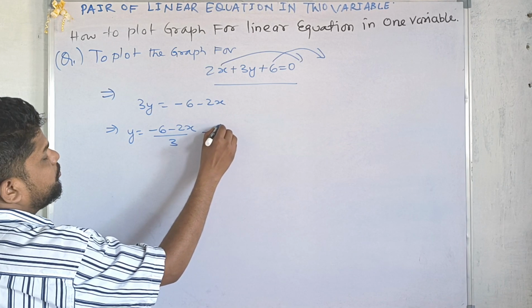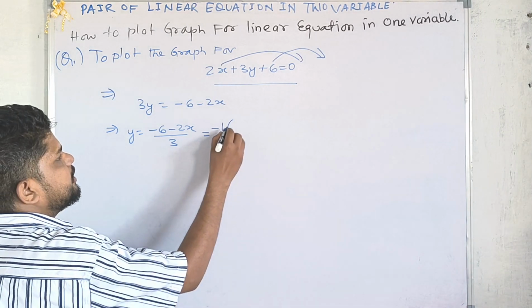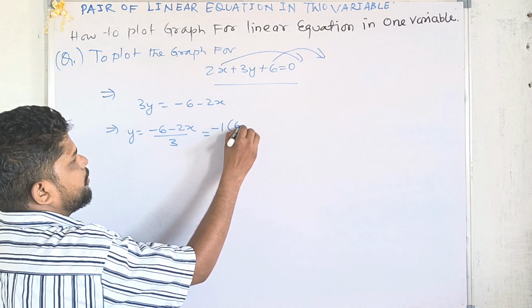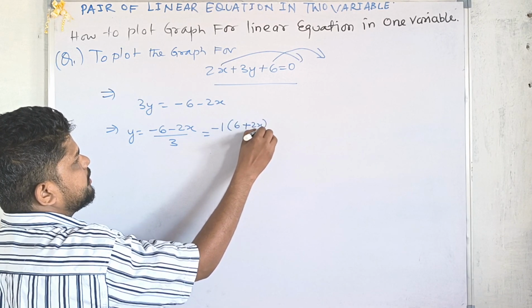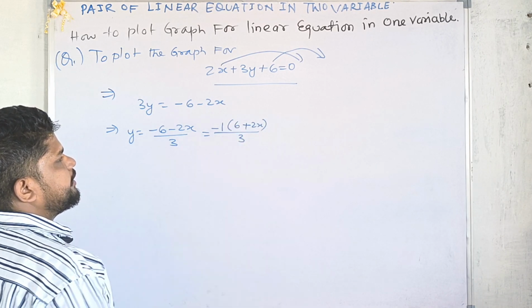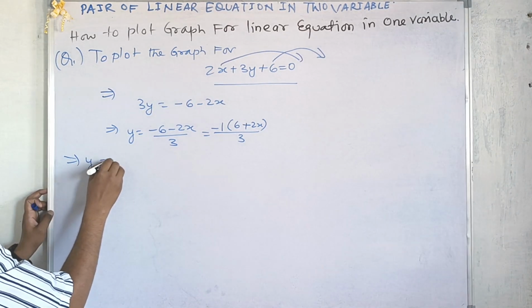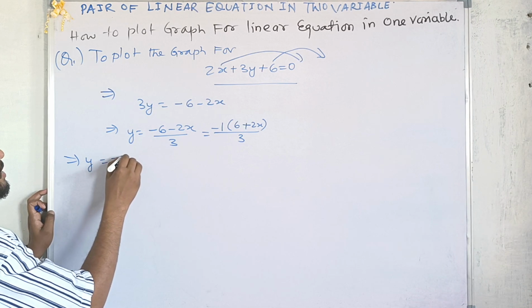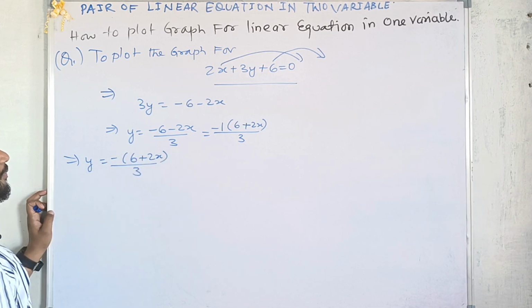Here -1 can be taken out as common, so this will remain as -(6 + 2x) divided by 3. Yes or no? Yes. So here the value of y is -(6 + 2x) divided by 3.